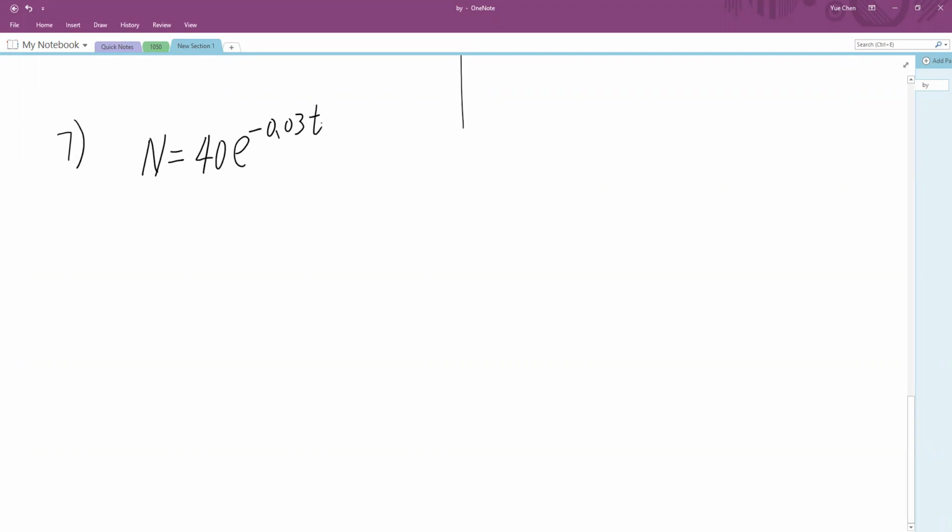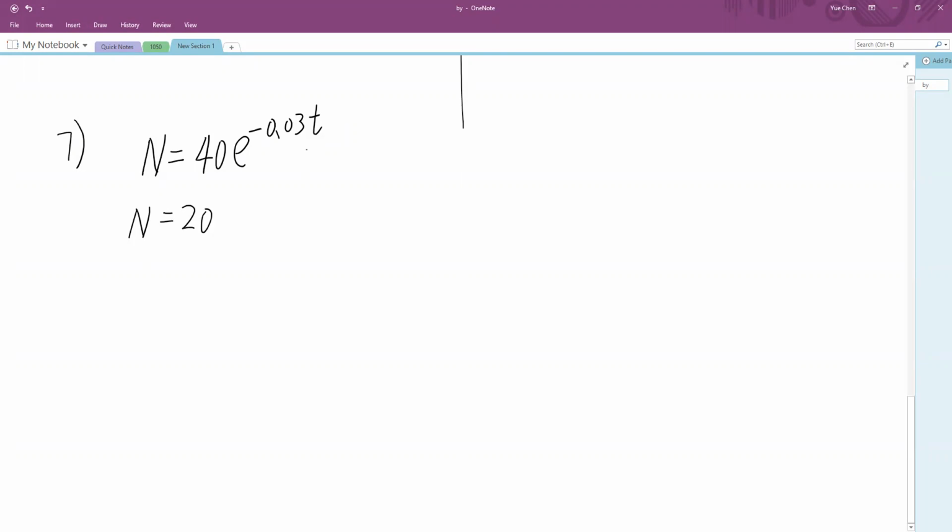N represents the number of milligrams present after t days. This is a radioactive substance, and we want to find the number of days it takes for 20 milligrams to remain. So that means N equals 20.